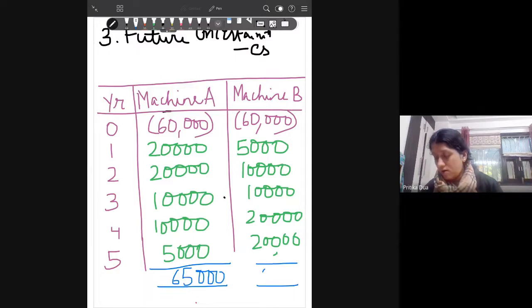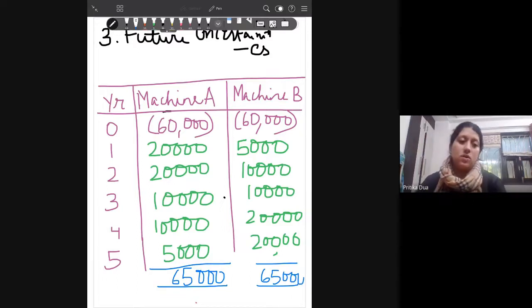Okay, so you are given a question where a firm has two options whether to purchase machine A or machine B. Let's take this as profit after tax that is given to you in the question. So both the machines have equal outflow of cash.